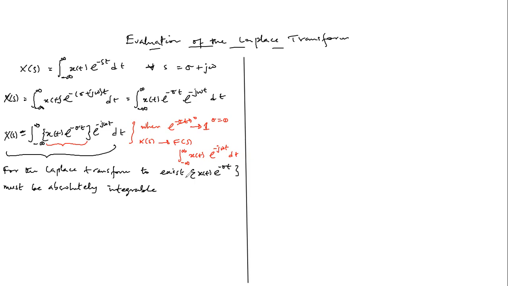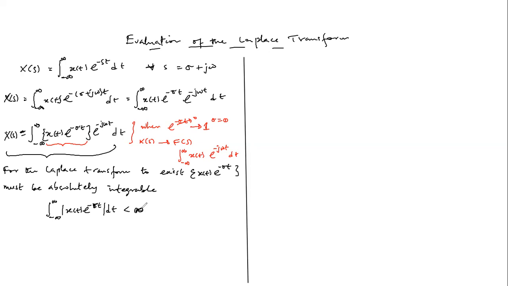For this expression to be absolutely integrable, it means that the area under this curve, under this graph, must be finite. That is, the integral from negative infinity to positive infinity of the mod of s of t e to the minus sigma t dt must be finite.